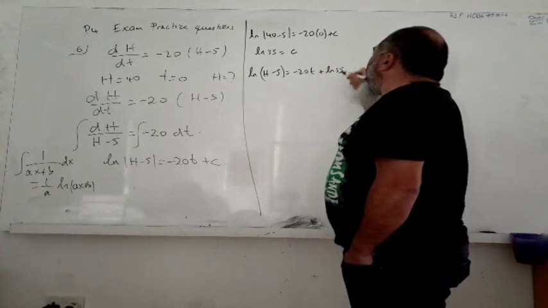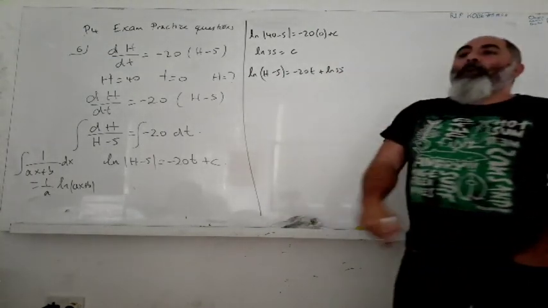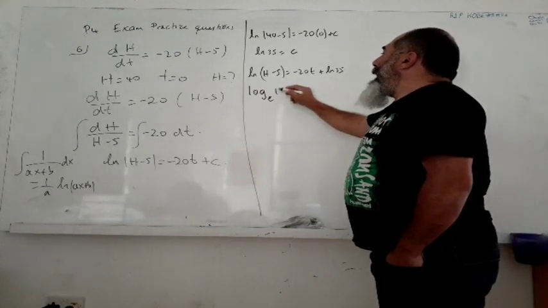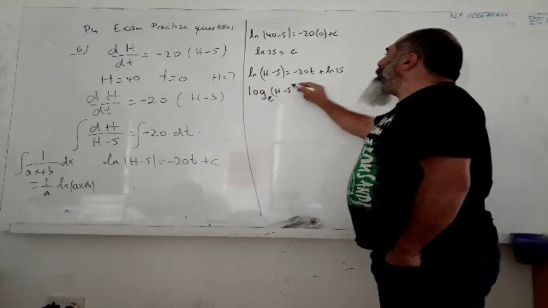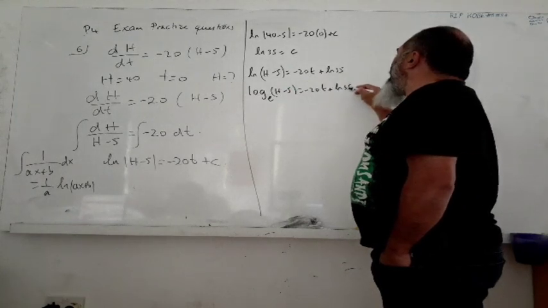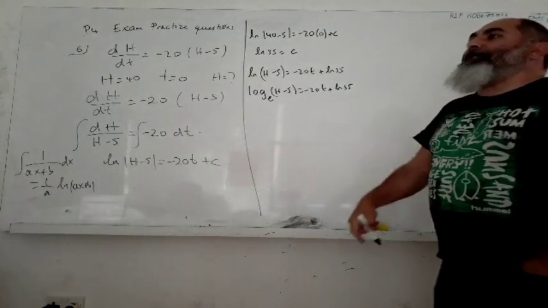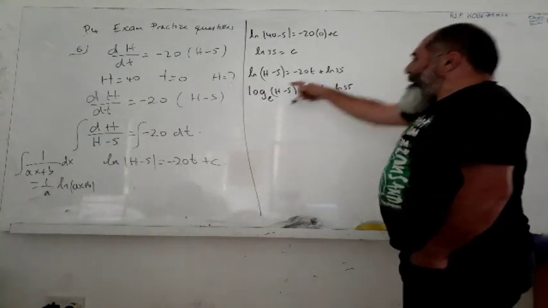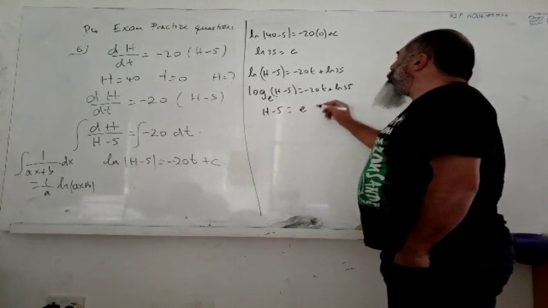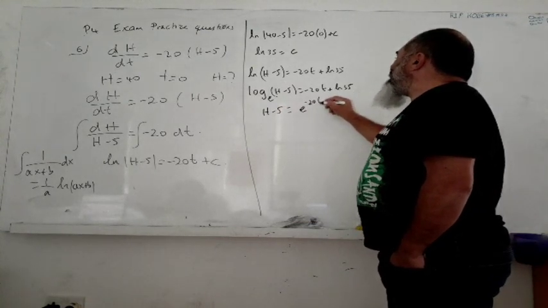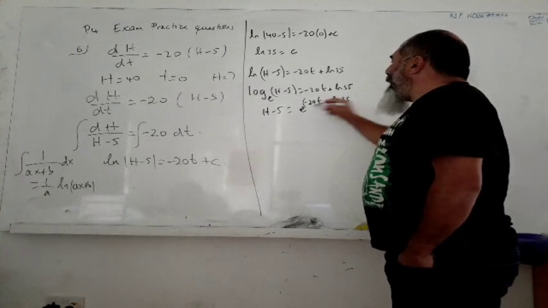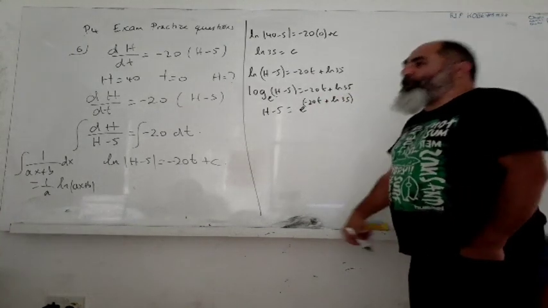Instead of ln, I am going to write logarithm to base e: h minus 5 equals minus 20t plus ln 35. And take this e as the base of that expression. So h minus 5 is going to be e to the power of minus 20t plus ln 35. We have an addition there, that means we can separate them by multiplication.